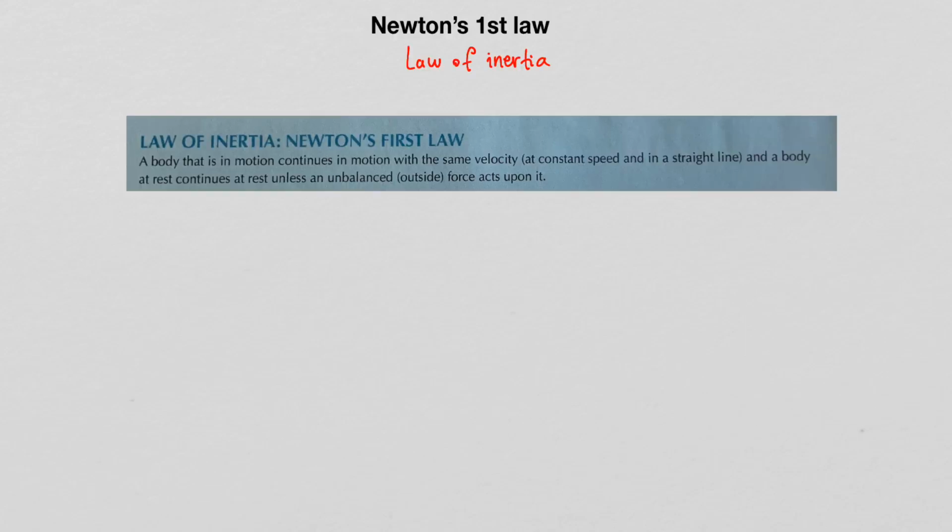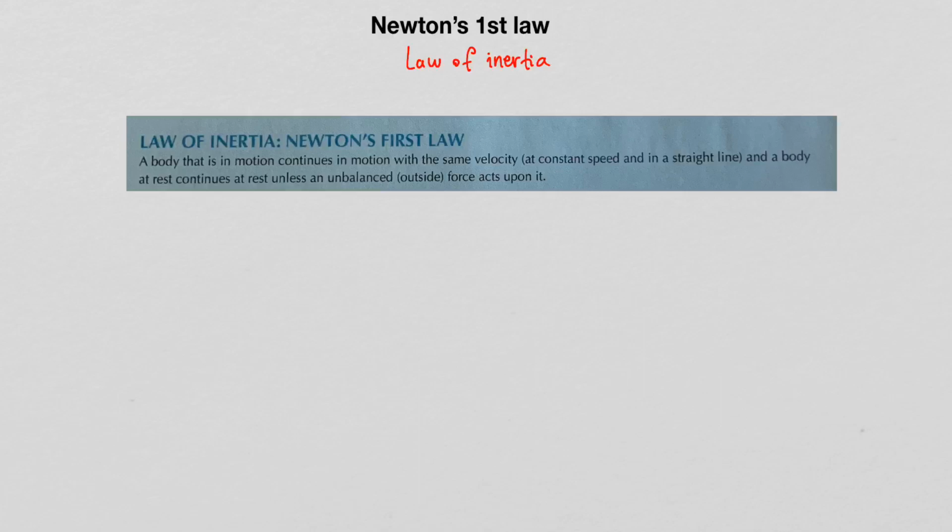So let's read the statement of Newton's first law. A body that is in motion continues in motion with the same velocity, which means at constant speed and in a straight line, and a body at rest continues at rest unless an unbalanced or outside force acts upon it.